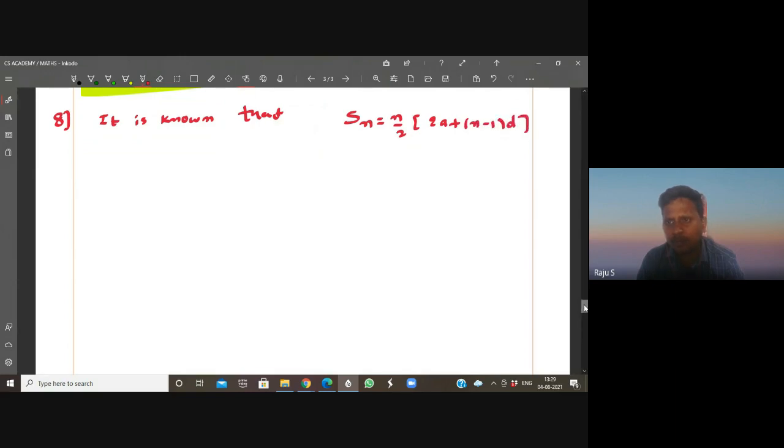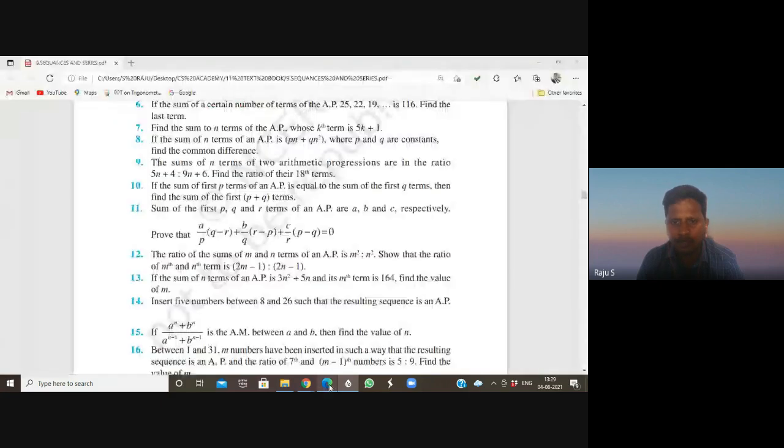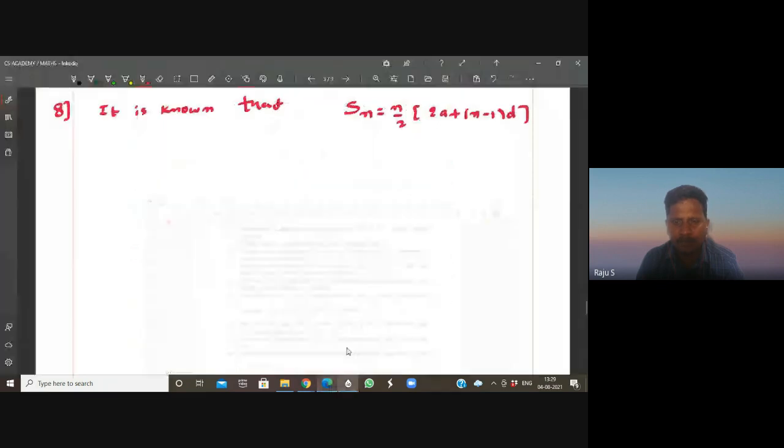This value is already given in the question. What is the sum of n? Pn plus Qn square, right? It is equating to Pn plus Qn square. Is it clear, students?